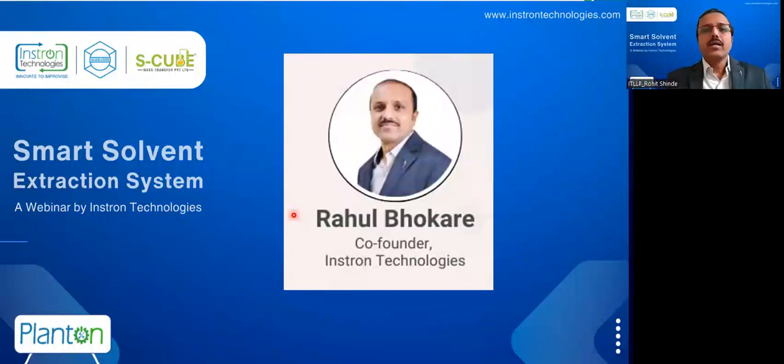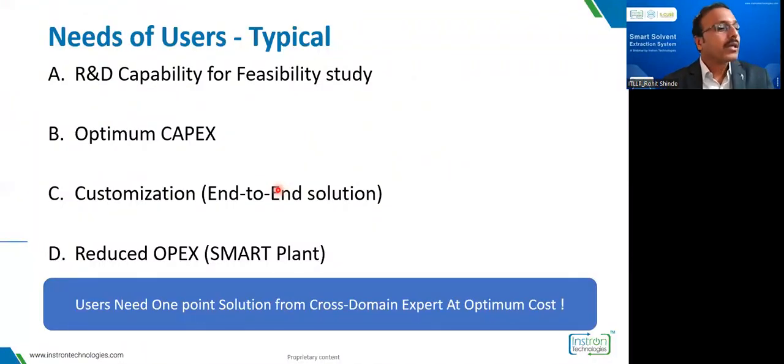My colleague Rohit has explained to you the basic principle of extraction along with the different unit operations based on the feed variation. Now, I will take you through the capabilities of Instron Technologies. Everyone is aware that before deciding on any supplier, clients need to identify the needs of the users in a proper way.